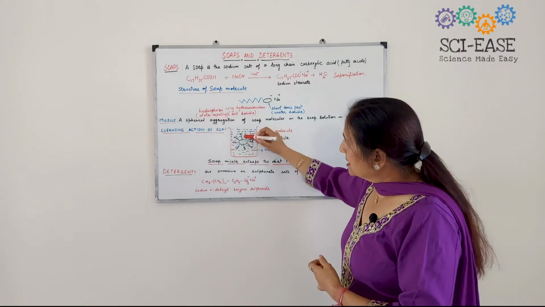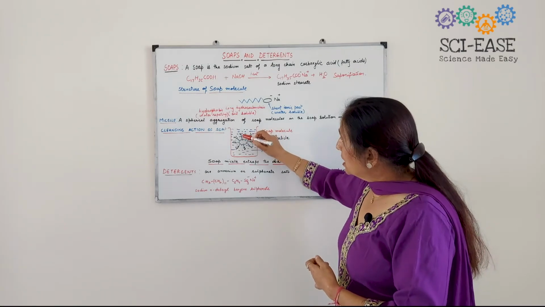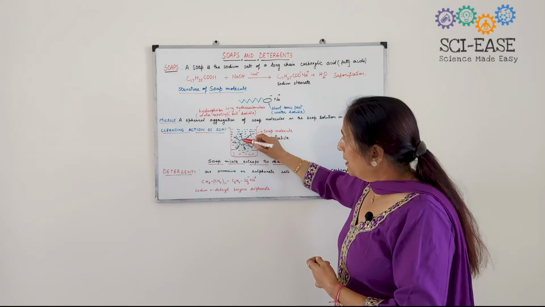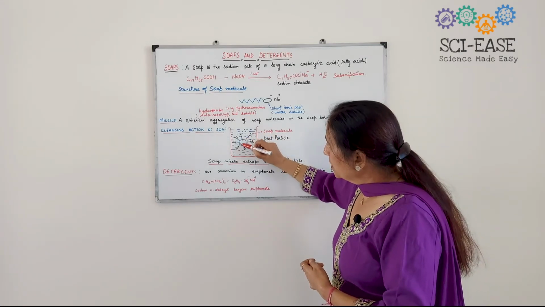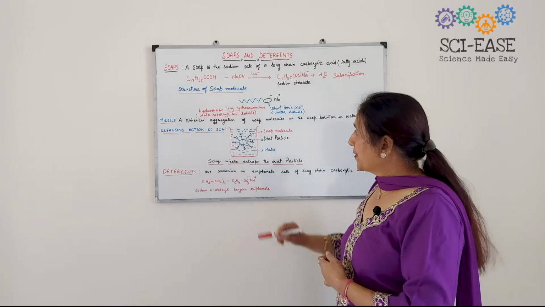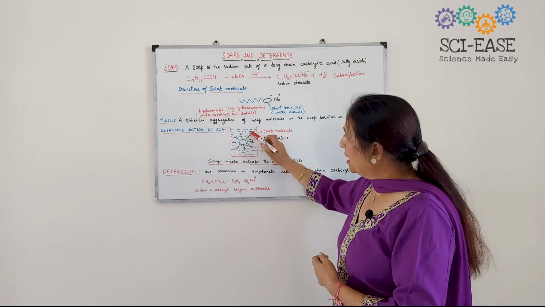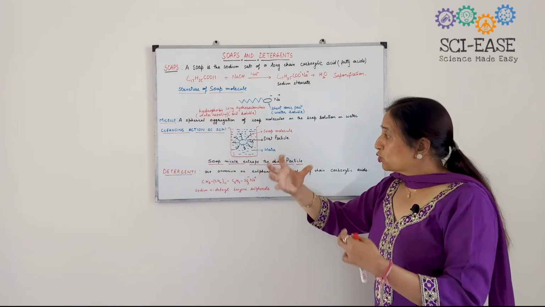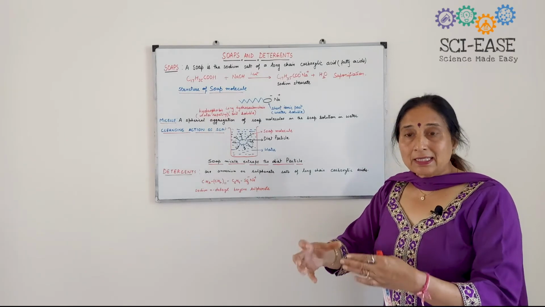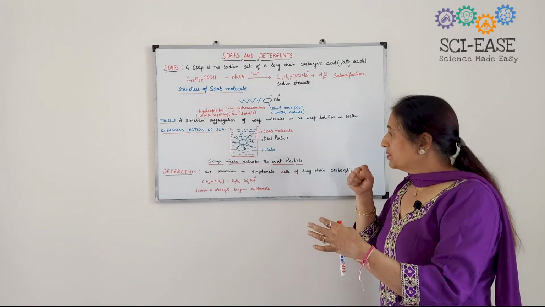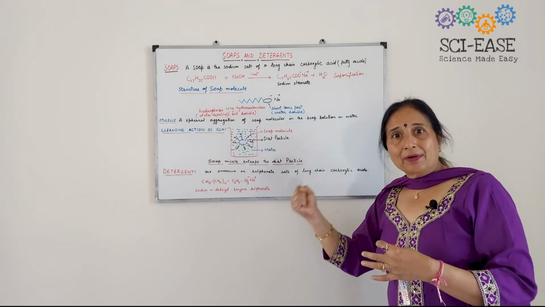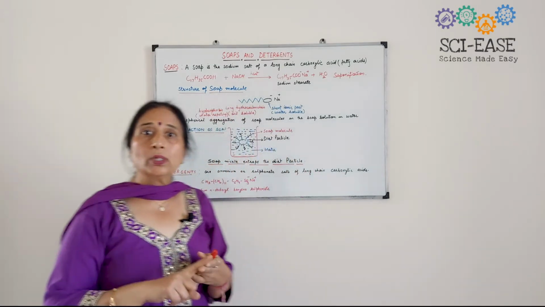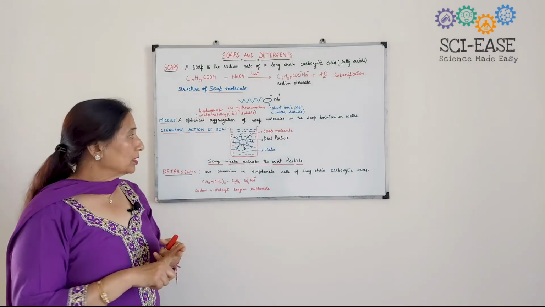What will be the result? The hydrocarbon chain part, or you can say the hydrophobic part, will point towards the dirt particle, and the hydrophilic part will be outside. So what does the soap micelle do? It will trap the dirt particle and remove it. And this is the process by which dirt can be removed from the cloth.